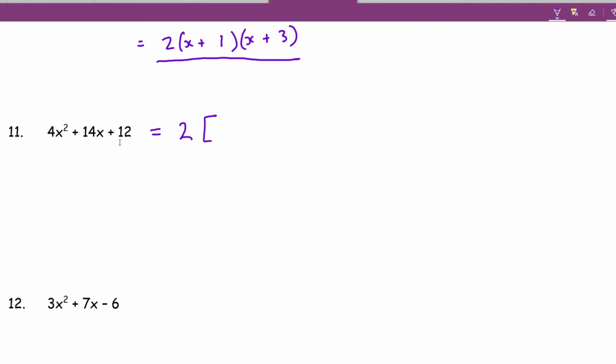And then put the rest in. How many terms do we get? 2x squared plus 7x plus 6. So if we double that, we get 4x squared, 14x, and 12. Okay, so we're taking that.